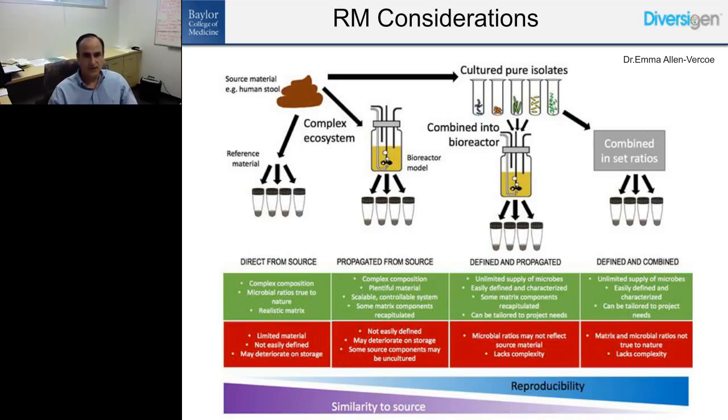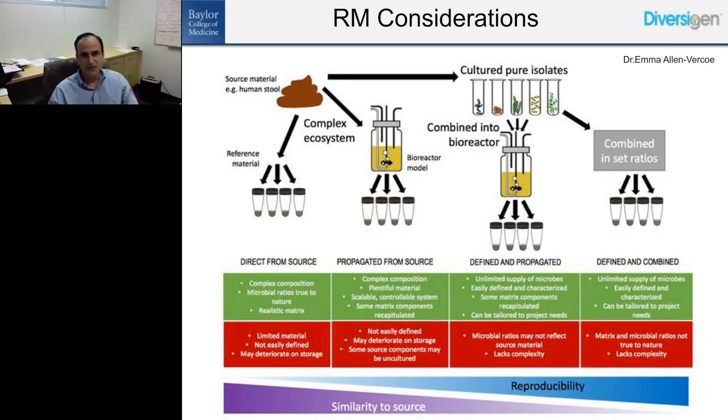Moving over to the right, just one slide over, with the use of the bioreactor to cultivate a fraction of that environmental sample. And so you're moving away from the complexity that you had with the environmental sample, but maintaining some of the matrices that are in that sample.